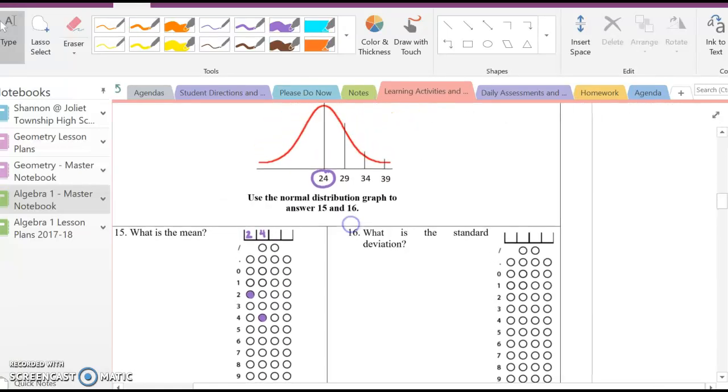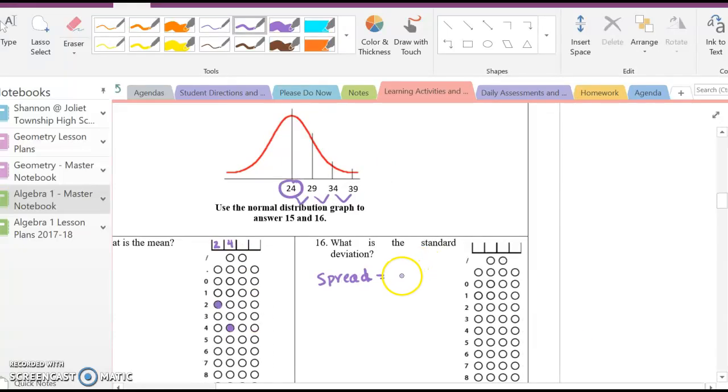The standard deviation is our spread, and it's another way of measuring the distance between our individual values. If I look from 24 to 29, 29 to 34, 34 to 39, I am adding 5 every single time.